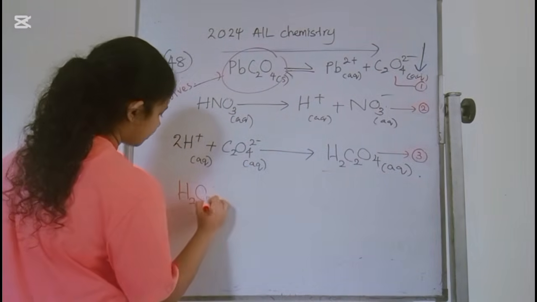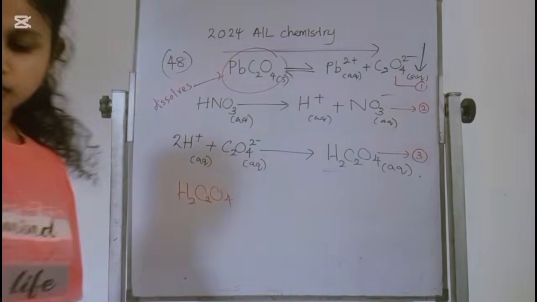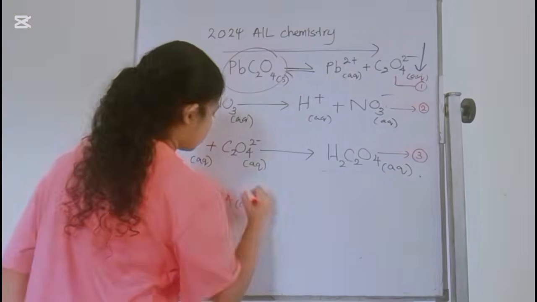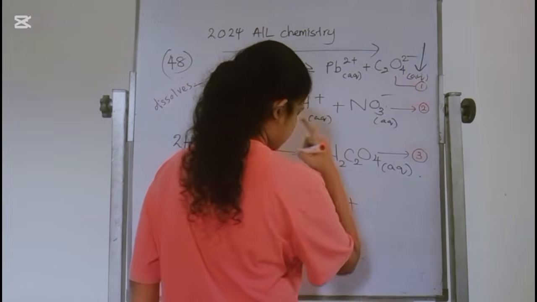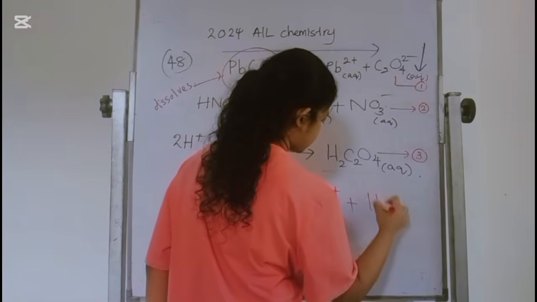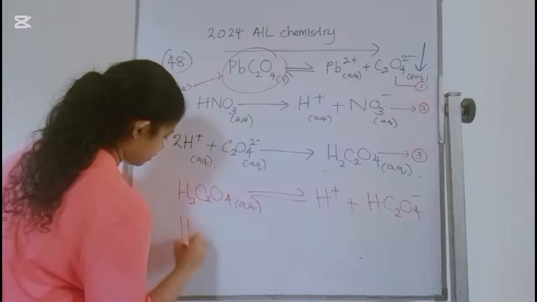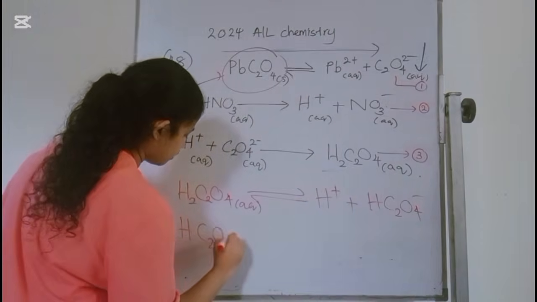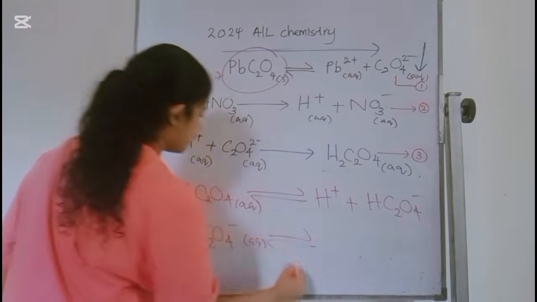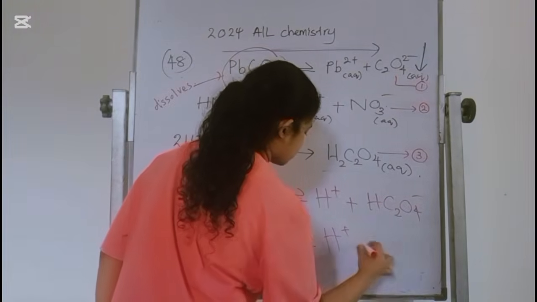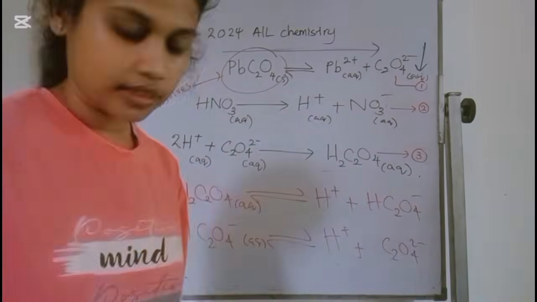Oxalic acid dissociates in two steps. First, by losing hydrogen, it forms hydrogen oxalate, and after that it forms the oxalate ion.